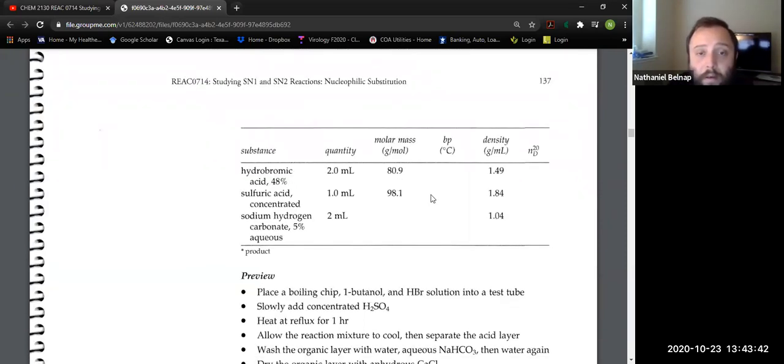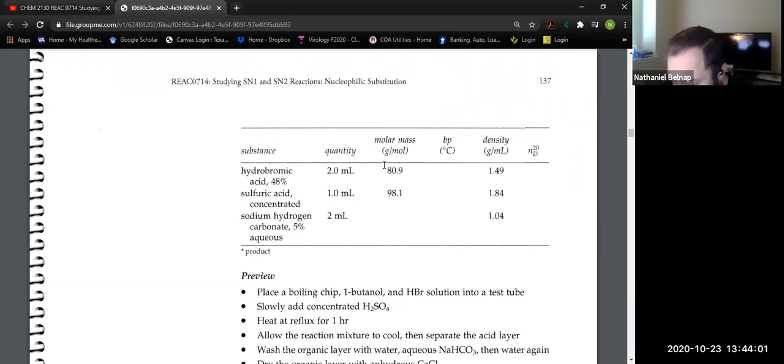And then, we're using 2 mils of the hydrobromic acid. And so 1 mil is equal to 1 gram. So we're starting out with 2 grams of hydrobromic acid.